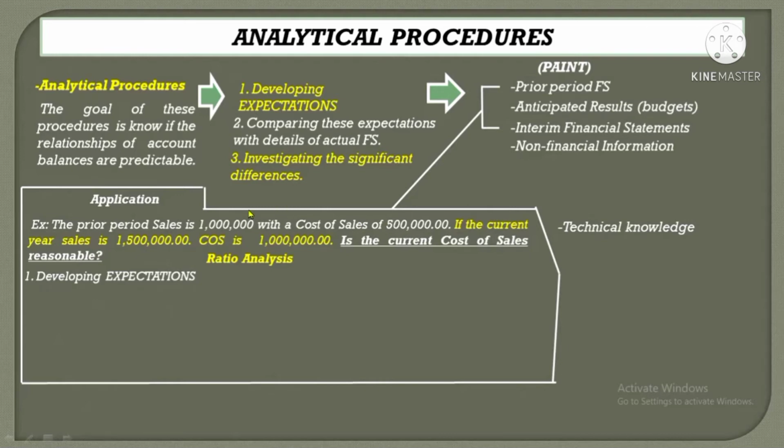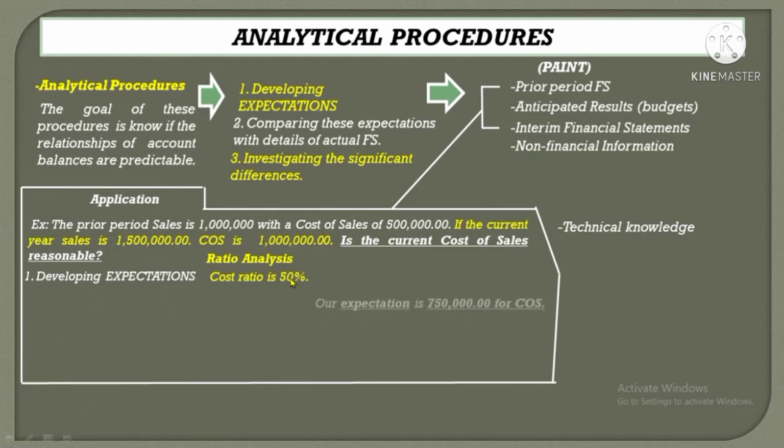So 500,000 divided by 1 million, and we will get 50% as the cost ratio. In developing expectations, we need to ignore the actual current year's cost of sales and apply this 50% cost ratio to the current year sales. So 1.5 million times 50%.